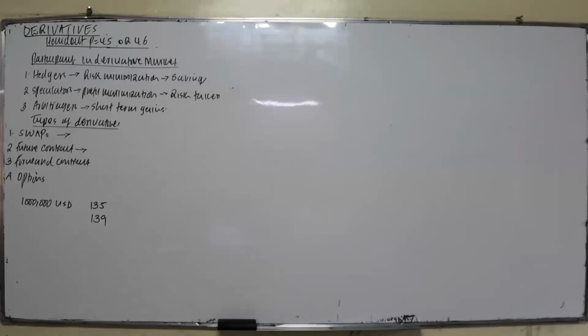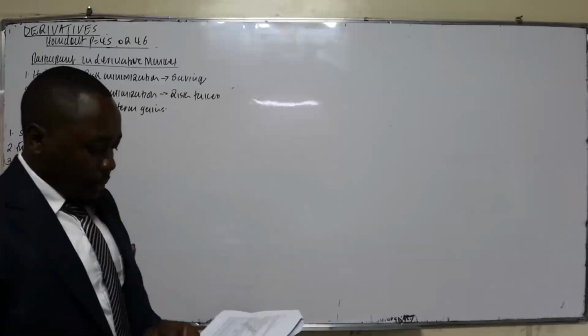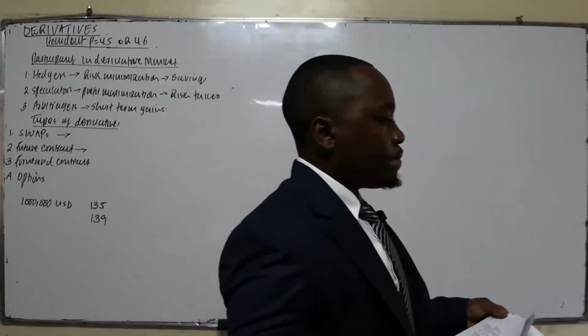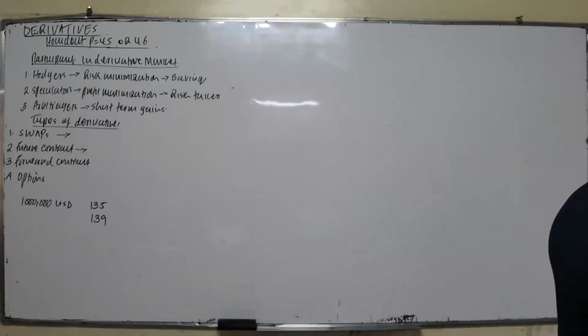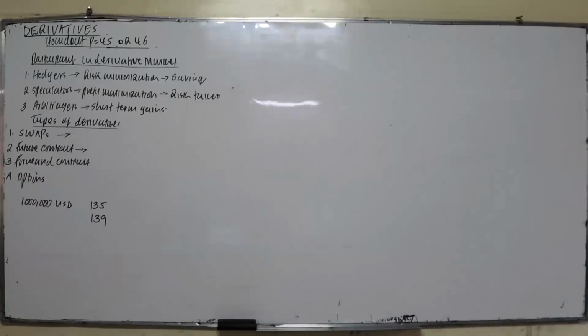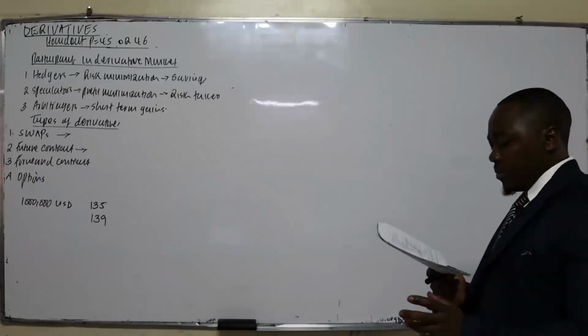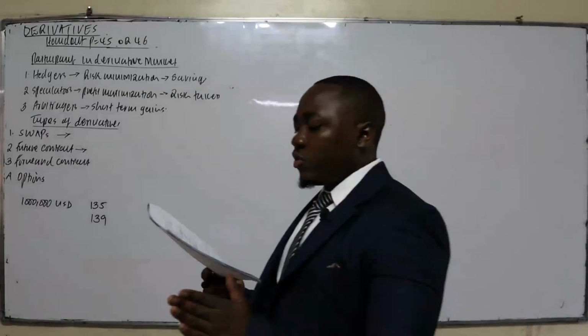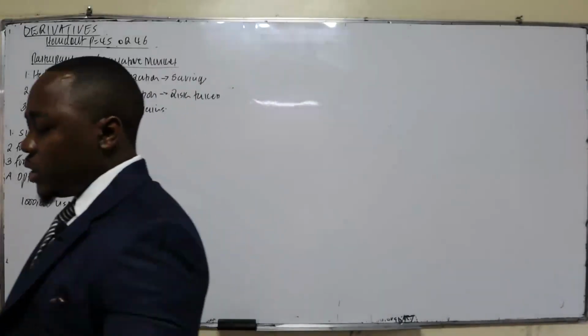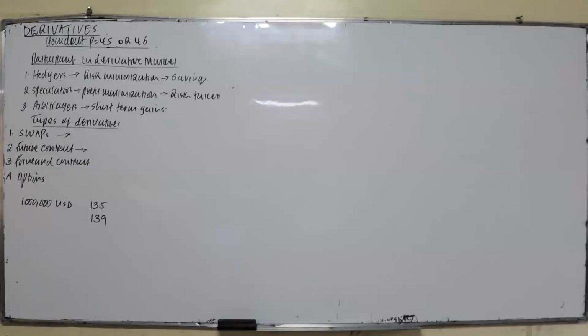Now let's look at the future and the forward contract. A future contract is a legal agreement to buy or sell something at a predetermined price at a specified time in the future. While forward, they're almost the same. A forward contract is a customized contract between two parties to buy or sell an asset at a specified future time at an agreed price.